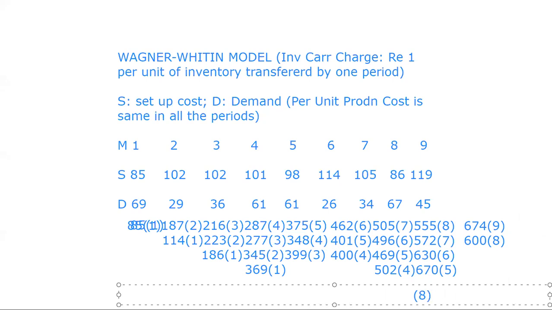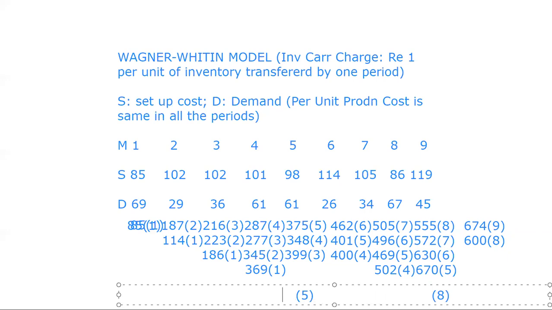What is the best schedule for period number 1 to 7? Sir, for 7 it would be 469, so I'm producing it in period number 5.